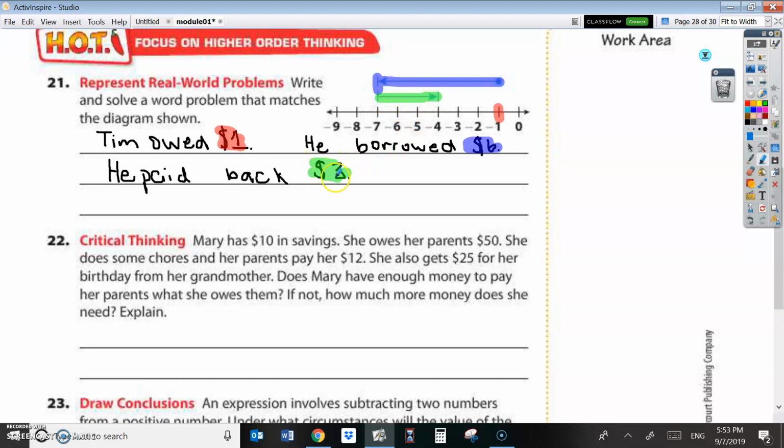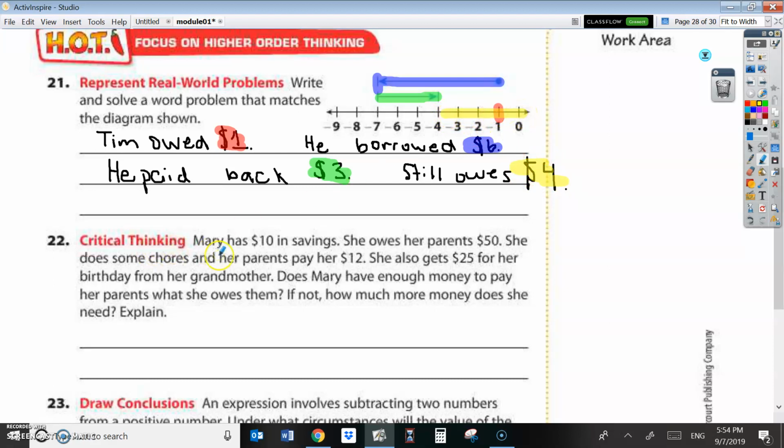There's the $3 that he paid back. Looks like he still owes $4. And highlight that another color too. Go yellow for that one. And that's the money that he still owes right there.